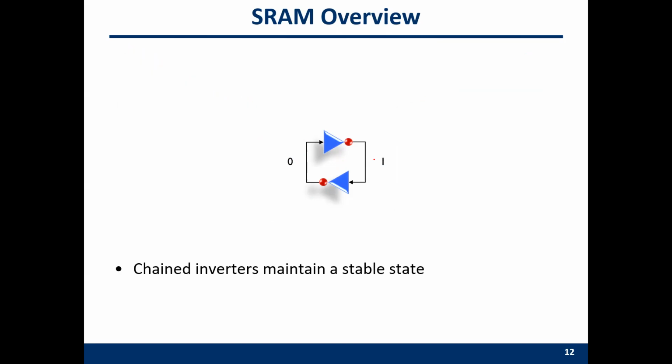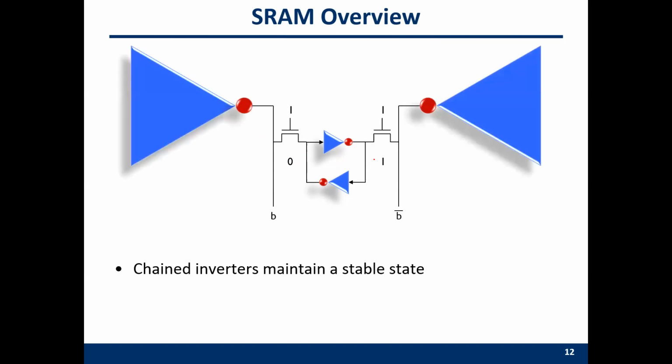Besides the two inverters, we also need two transistors to control this cell. By these two transistors we can connect this cell to the sensor, where we can sense the content in the cell, or we can disconnect the cell from the sensor.